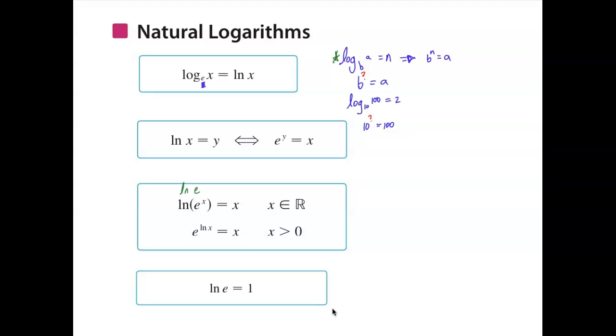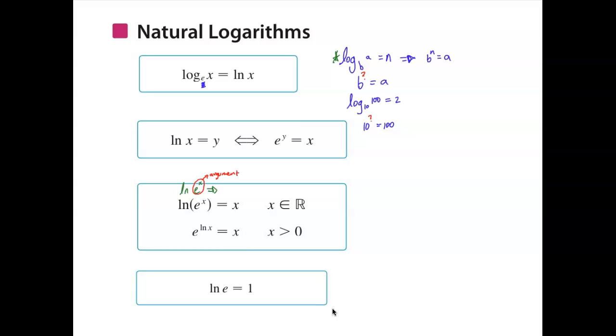If I'm asking you what's natural log of e to the x, well, then the thing you're trying to solve, remember, is the base to what power equals the argument. This thing is called the argument, the thing that you're taking the logarithm of. So the base to what power equals the argument?